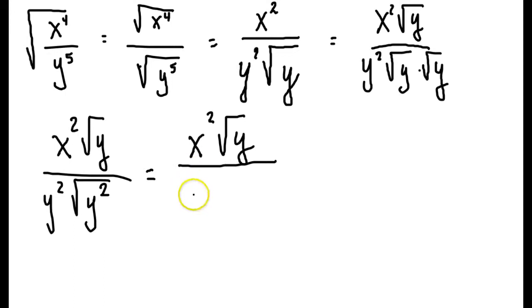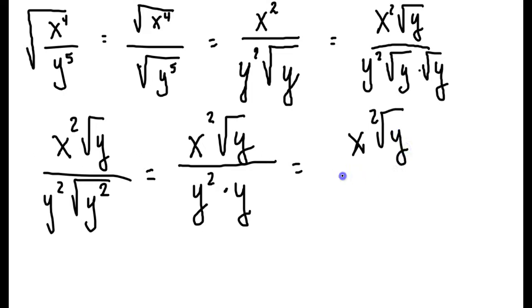Wouldn't it be y to the fourth? Not y to the fourth, because remember that when you take the square root of that y squared, the square root and the squared cancel each other out. So you're left with just a y. So now our denominator is y squared times y, which is the same thing as y to the third.